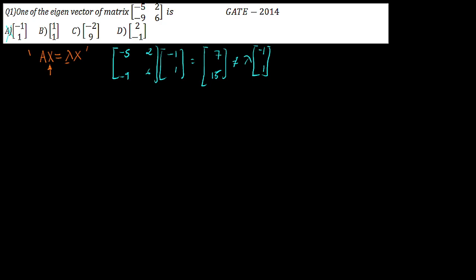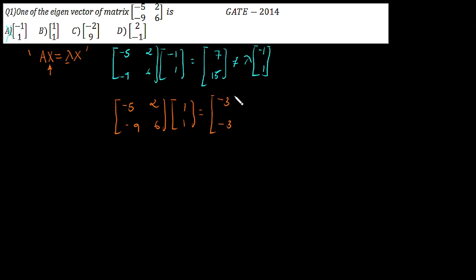Now let's move to the next option. Again let's put the matrix as it is: -5, 2, -9, 6. Now let's multiply it with the vector given in option B. So here -5 plus 2, so -3, and here -9 plus 6, again I am getting -3.